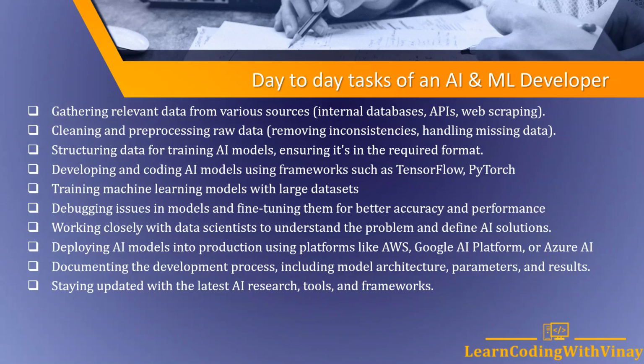So they try to mimic human intelligence and behavior. While ML is a subset of AI that is focused on developing algorithms and letting computers learn from existing data, and then come up with predictive analysis. So ML is a subset of AI.